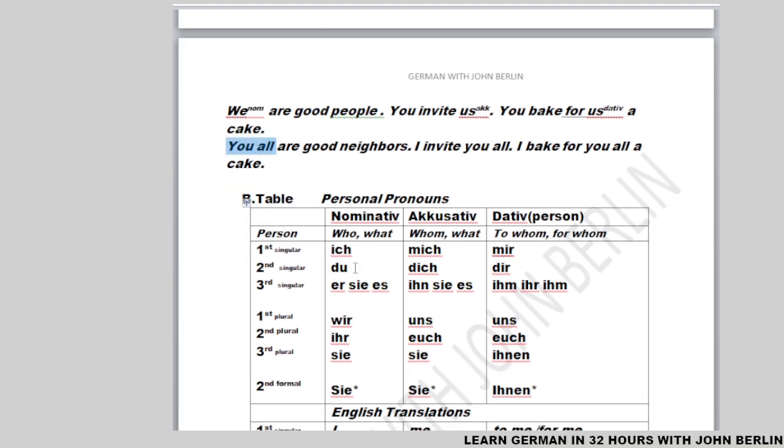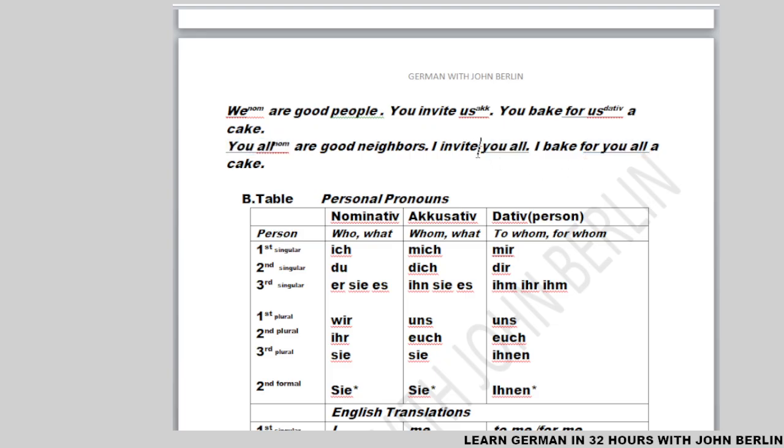In German, you can't really say du alle, that doesn't mean anything. If you want to say you all, there is a brand new pronoun, ihr. So the question is, who are good neighbors? The answer is you all, in German, ihr. It's nominative. So we are looking for you all as a subject, you all as a direct object, and you all as an indirect object.